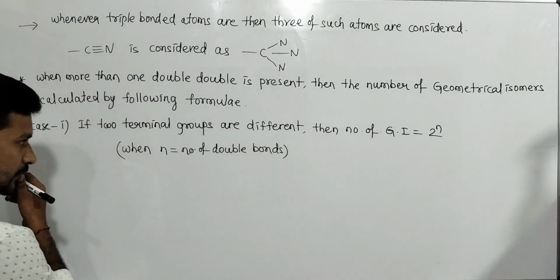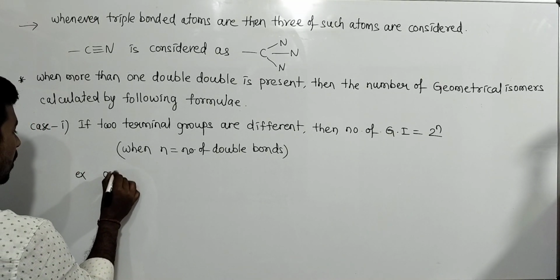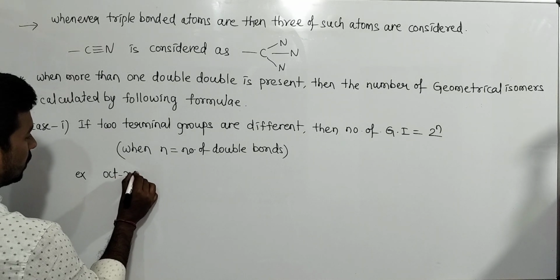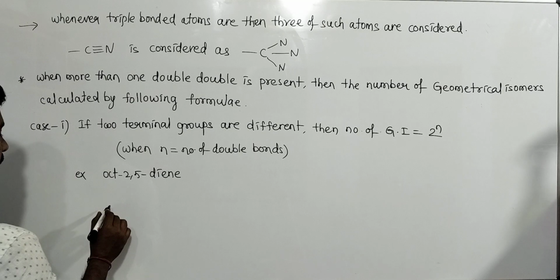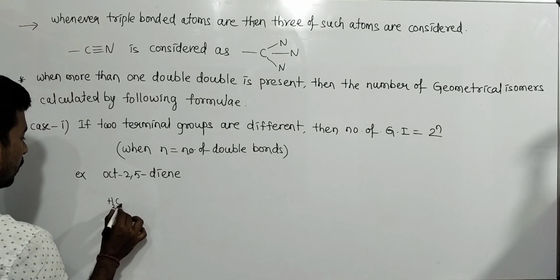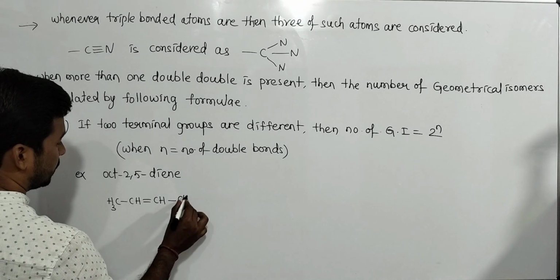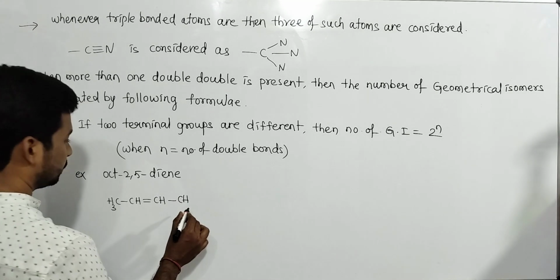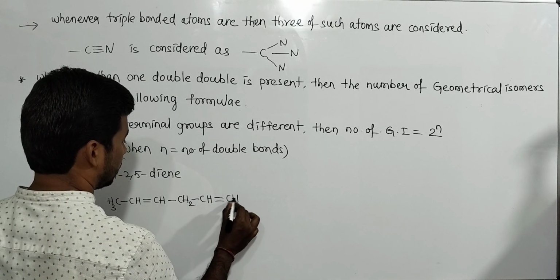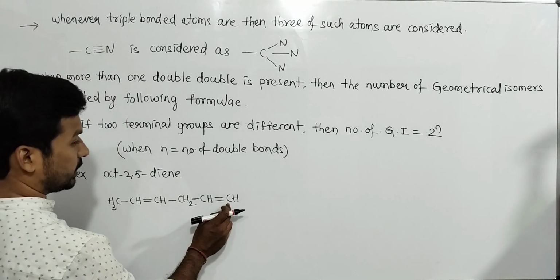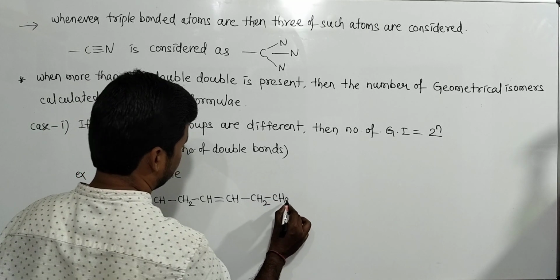For example, if you see octa-2,5-diene, CH3 then the second position double bond CH, 1 2 3 4, and CH double bond CH, 1 2 3 4 5 6 7, and this is 8.